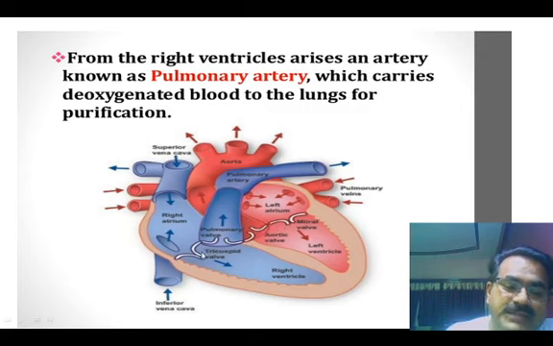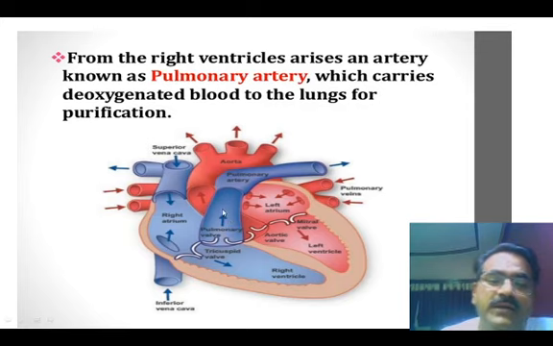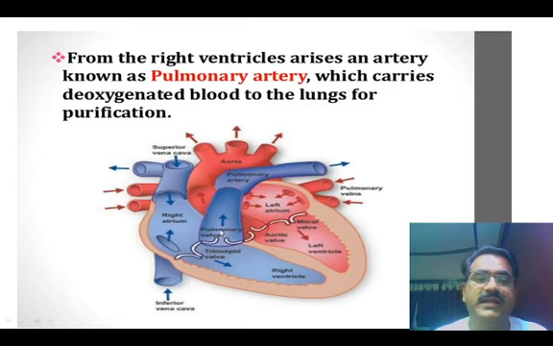The tricuspid valves are present at the junction of the right auricle and the right ventricle. The bicuspid valves are present at the junction of the left auricle and left ventricle. Then the blood from the right ventricle enters the pulmonary artery. There are two branches of the pulmonary artery, right and left, guarded by the pulmonary valves.